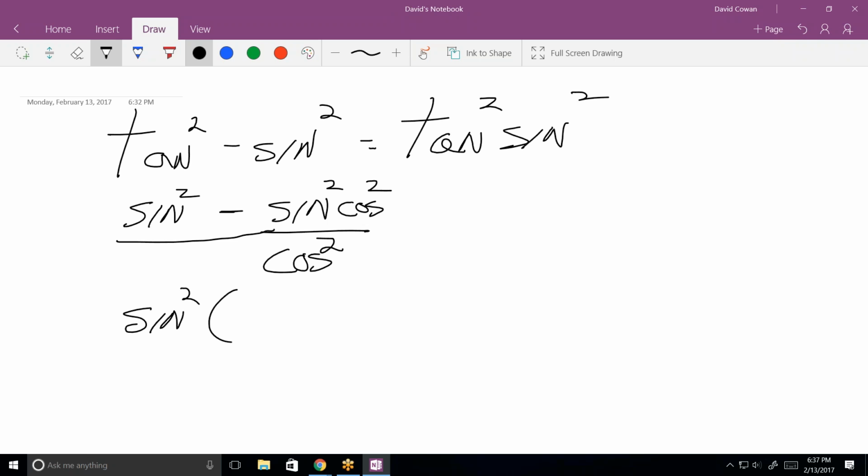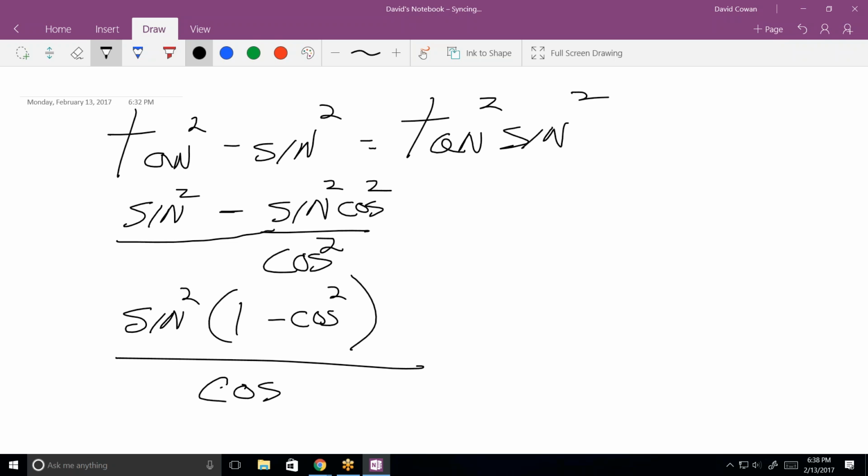If I'm factoring sine squared out of that numerator, I'm dividing both terms by sine squared. That's what factoring is. Okay, so that's going to be 1 minus cosine squared. Oh, okay. So that's what happens to the numerator. This happens to the denominator.